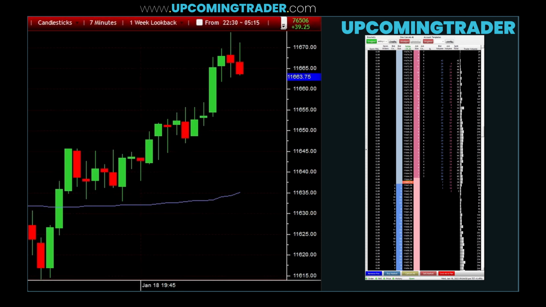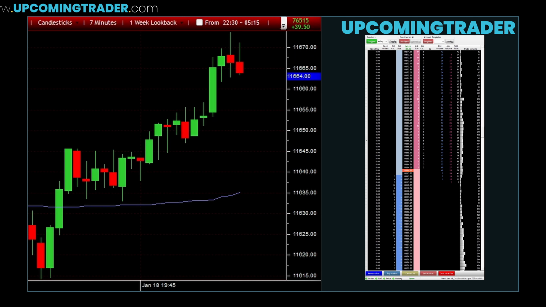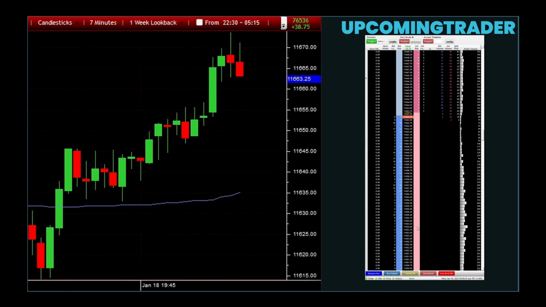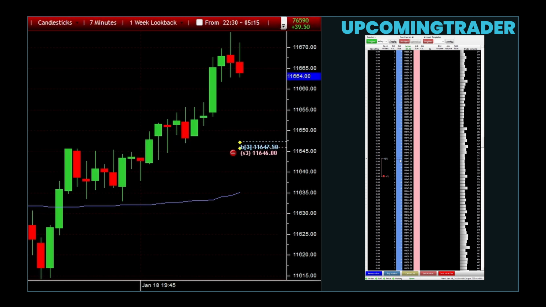The decreasing volume suggests that fewer buyers are willing to push the price higher, indicating a weakening trend. Conversely, a falling wedge near the value area low, accompanied by increasing volume, could indicate that a bullish breakout is imminent. The increase in volume suggests more buyers are stepping in, making it more likely for the price to reverse upwards.